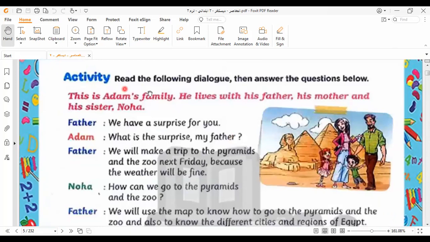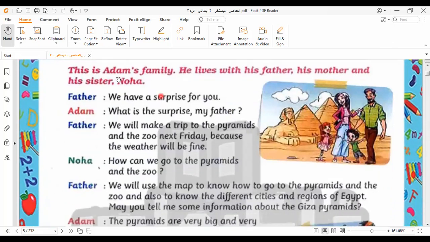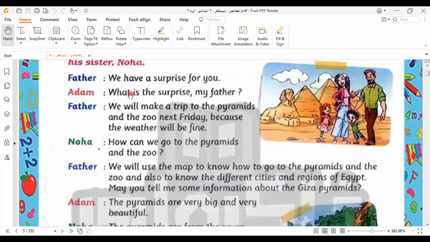Activity. Read the following dialogue, then answer the question. This is Adam's family. He lives with his father, his mother, and his sister Noah. Father, we have a surprise for you.